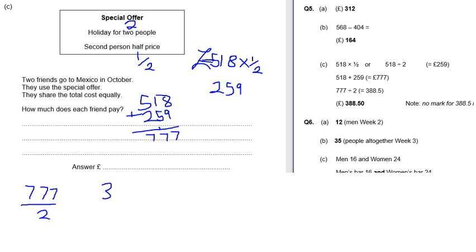Half of 7 is 3.5. Another 3.5. So 388.50. Okay. Because it's money notation, this is why I think it's always worth writing the pound on, even though they give me the pound there, then I'm remembering that I need the 0 as well. So again, you see here, if you miss a 0 off there, you'd lose 1 mark.